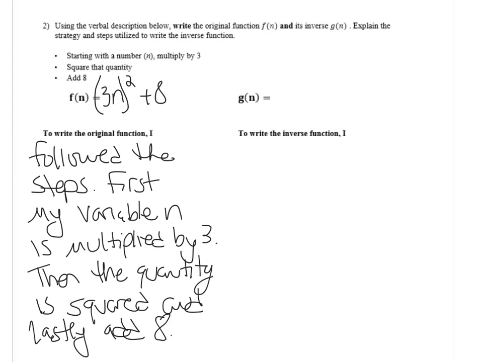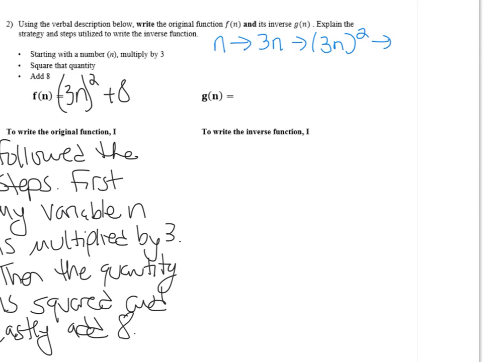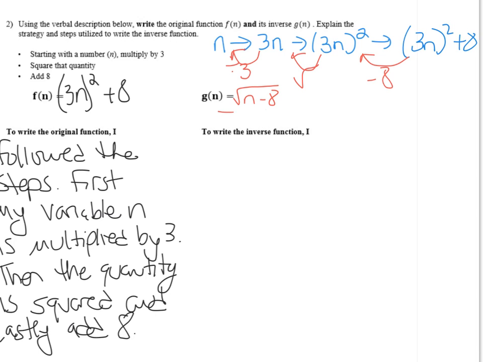So for the inverse, first I'm going to do a little bit of work on the side. First we had n, then we multiplied by 3, and then we squared it, and then we add 8. So going backwards, subtract 8, square root, divide by 3. So my inverse is going to be the square root of n minus 8, all over 3.